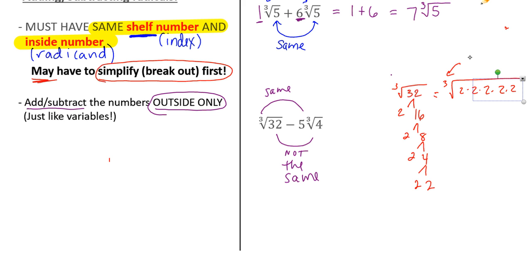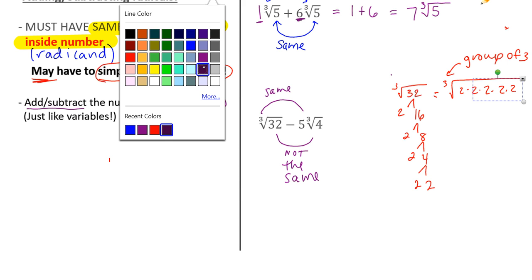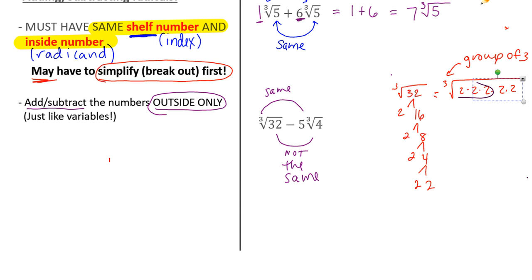Looking for a party of 3 right here. Group of 3. Looks like I've got one group of 3 2s right there, which means 1 makes it out. And then I've got a little 3 still here, and I've got 2 times 2, or 4, left over.